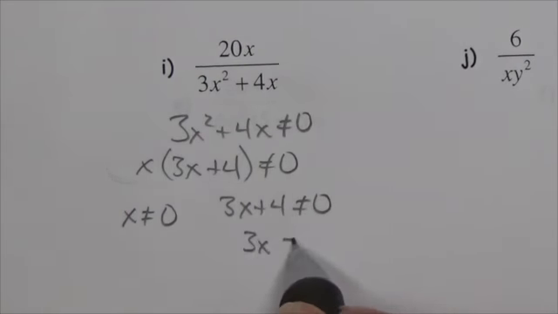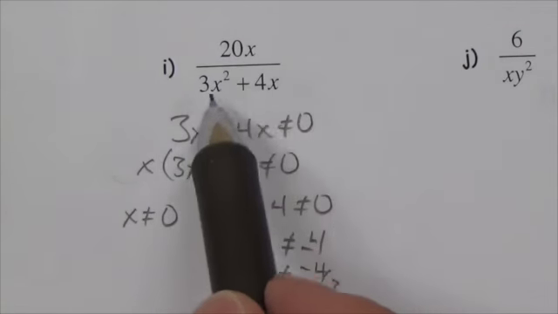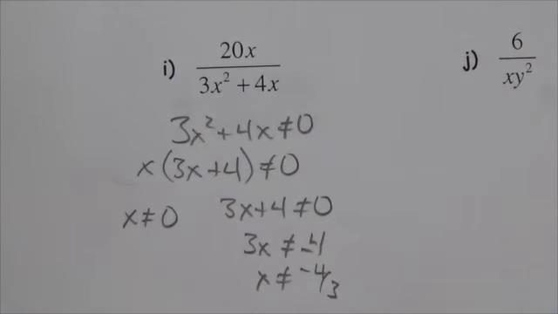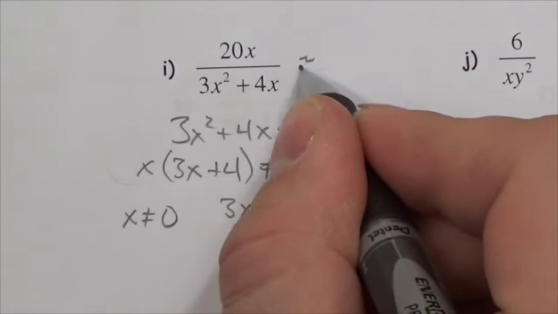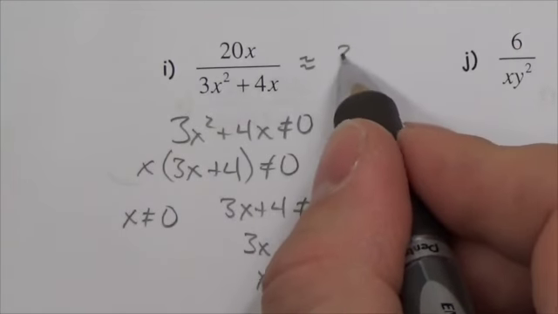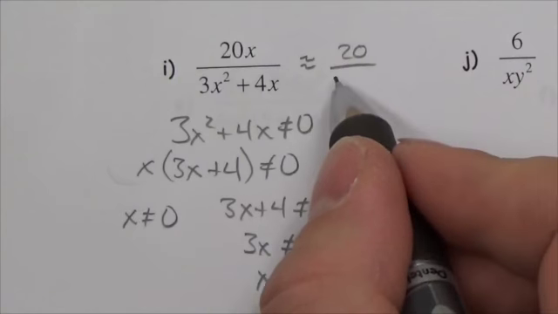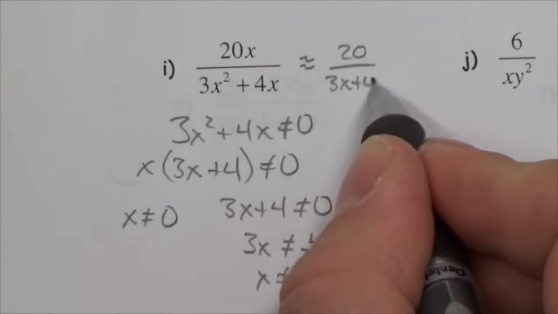Now, someone might look at this problem and say, well, wait a minute. Is it really can't equal 0? Because can't I cancel out those x's? Because there's a common x to all those terms. And yeah, you can cancel that to simplify it. But when you do that, you're going to get an expression that's only equivalent to 3x plus 4.